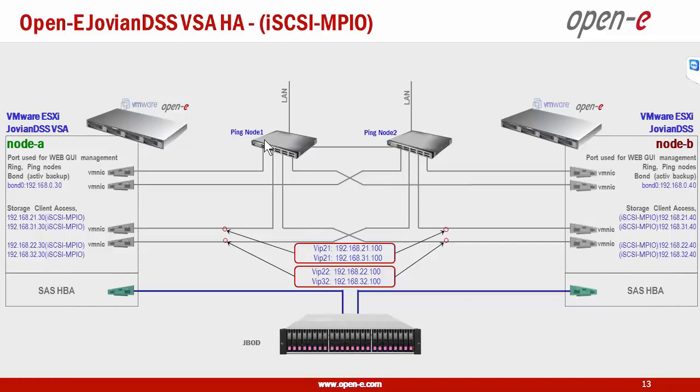Ping nodes must be somewhere external to the JovianDSS. Unfortunately, if I configure the ping nodes to the VM kernel which is running on this machine, it could be that the ping nodes will still be available in case of, let's say, losing connection between both servers.